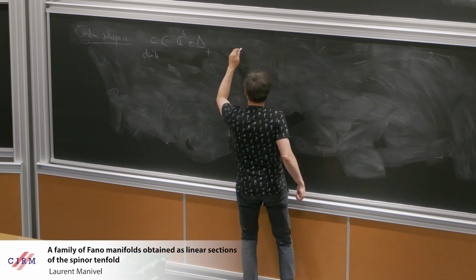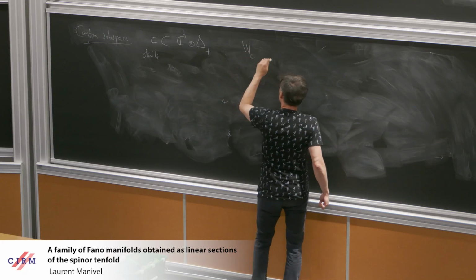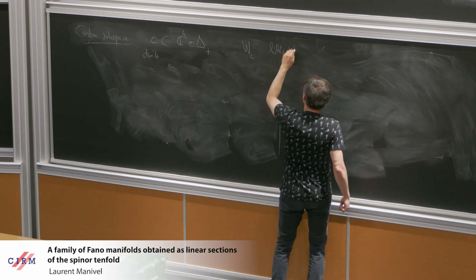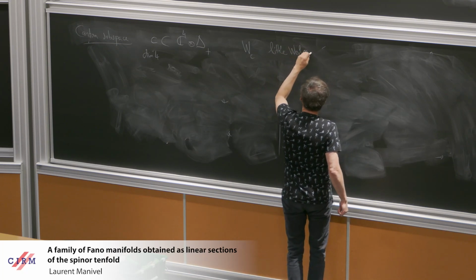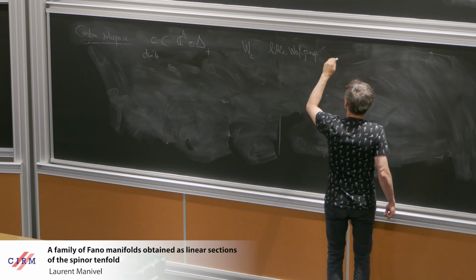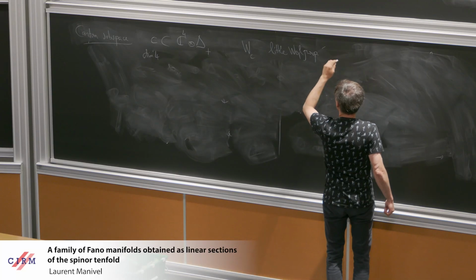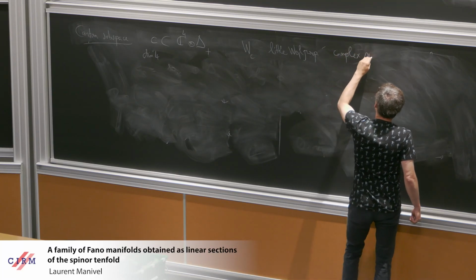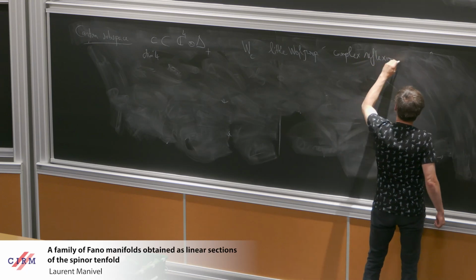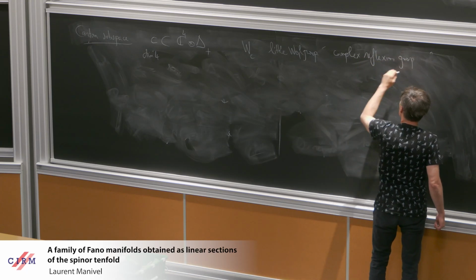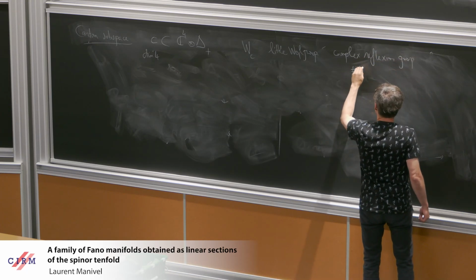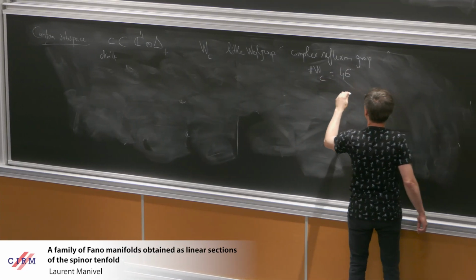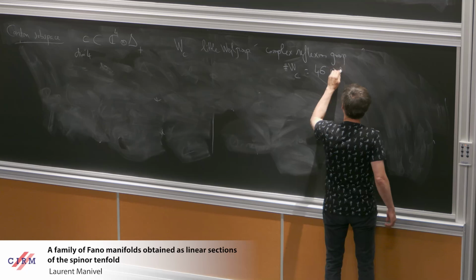There is a similar thing, which is called a little Weyl group, which has dimension, which is a complex reflection group of order 46,080.